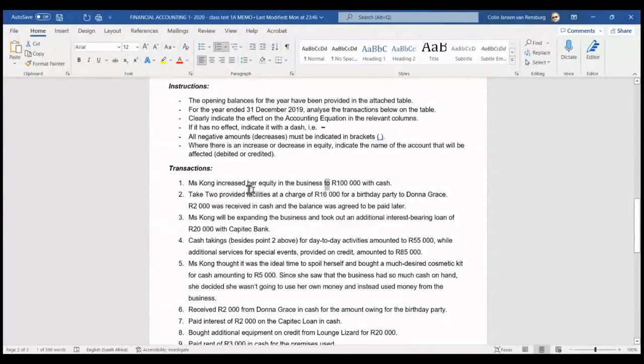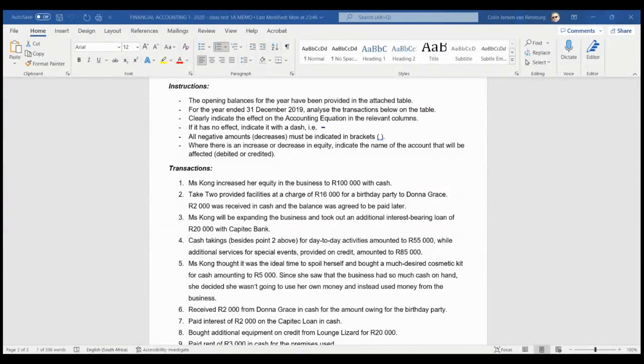They say Miss Kong increased her equity in the business to 100,000, right? Not with 100,000, not by 100,000, but to 100,000. What does that mean? It means once she has made the deposit, once she has put money in the business's bank account, her equity now stands at what? You can type in the chat for me.